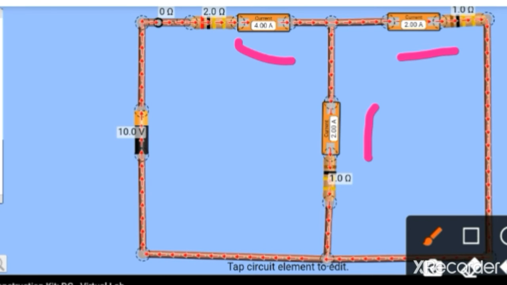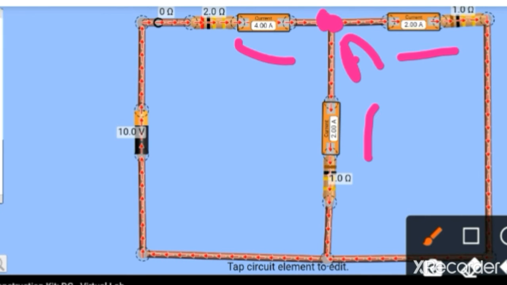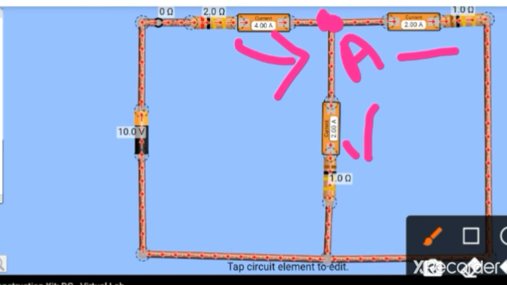So we know the KCL: at the node point, sum of incoming current is equal to sum of outgoing current. So consider this is the node A, right? At that point the incoming current is nothing but this, the 4 amps incoming current, and this is an outgoing current.